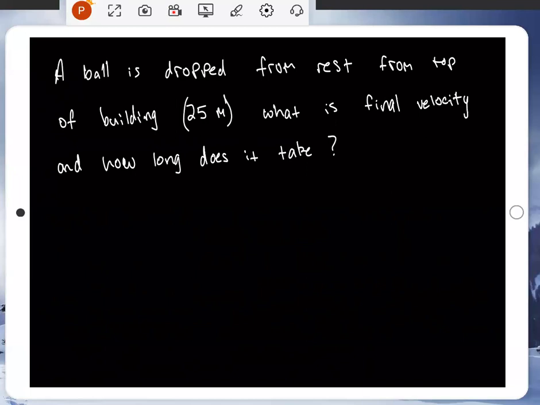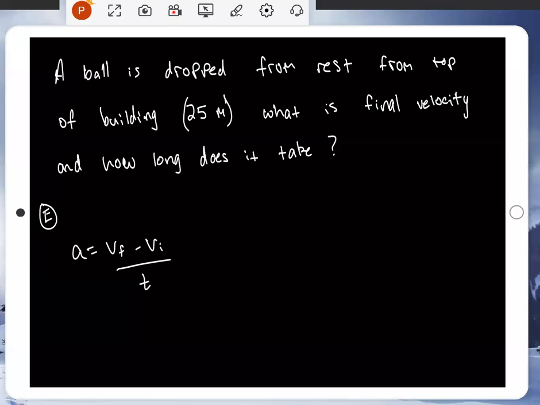So we're finding the velocity. So that is A equals VF minus VI over T. Okay, so we are trying to find how long it takes.